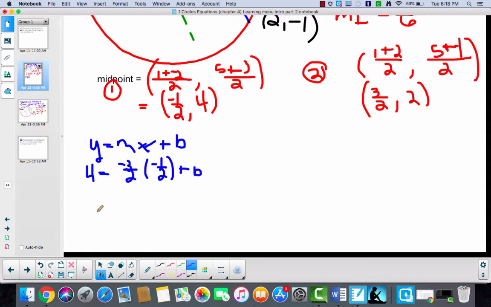I can go ahead and multiply these together, and I get 4 equals 3/4 plus b. I'm going to subtract 3/4 from both sides.